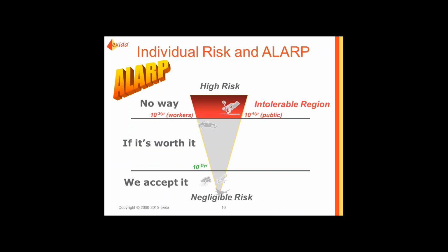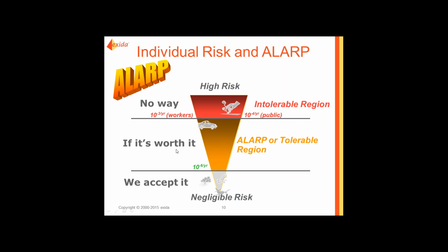Now, some of you may be familiar with this, some of you might not be familiar with this, but basically this is defined in the standard, and it defines what we accept or what we should accept in terms of the possibility of injuring or potentially killing the public and, of course, our workers. And here we see that the ALARP, or the tolerable region, falls within 10 to the minus 3 to 10 to the minus 6 per year. So somewhere in here would be a target.